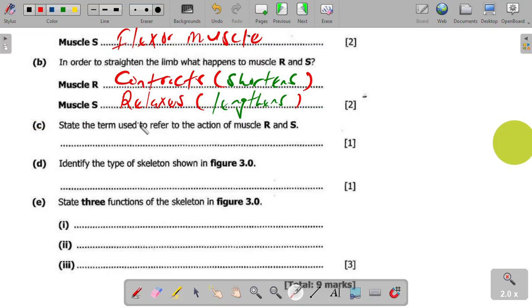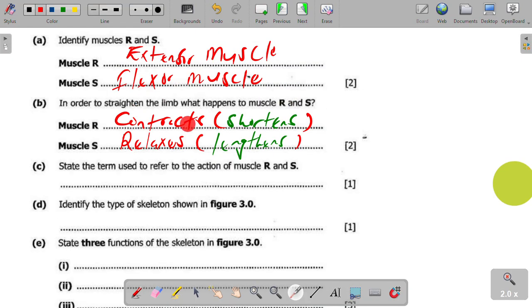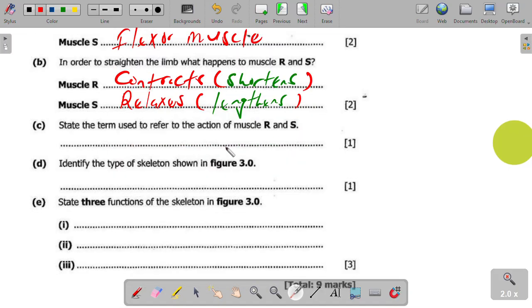C. State the term used to refer to the action of muscle R and S. These actions are contraction and relaxation. What term is given to that? The term given to these actions is antagonistic. Write that down.